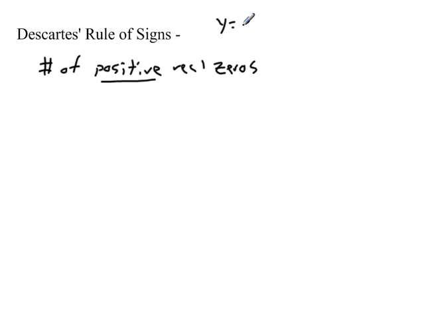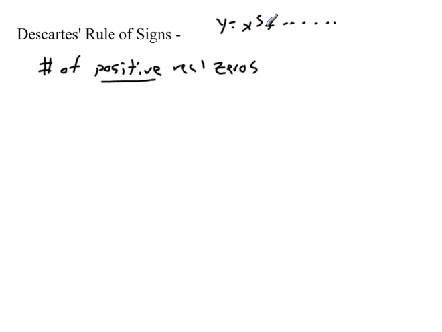Okay, so here's something that he came up with, this rule of signs. So here's what it is. The number of positive real zeros. So you have some polynomial function. It has a number of zeros. Now, let's say you have something like y equals x to the fifth plus, et cetera.